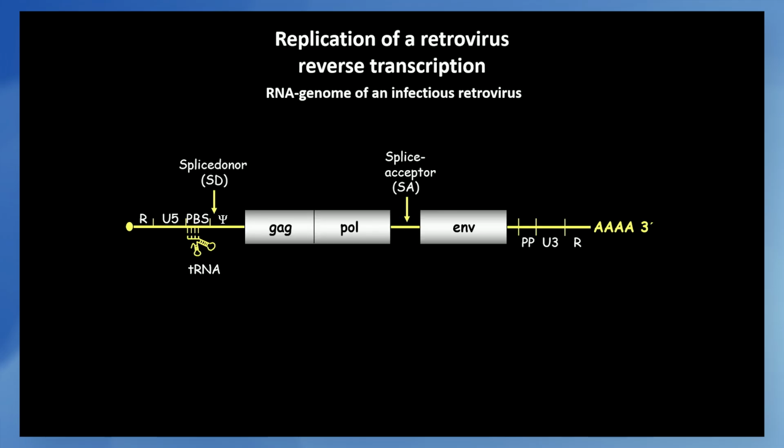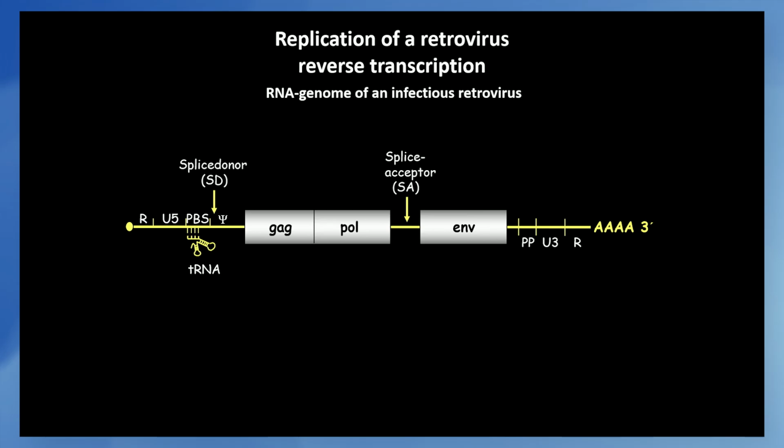So how does replication work? Behind the LTR, behind the U5 region, we have a so-called primer binding site. Any polymerase needs a 3' hydroxyl group to be able to polymerize something from 5' to 3'.